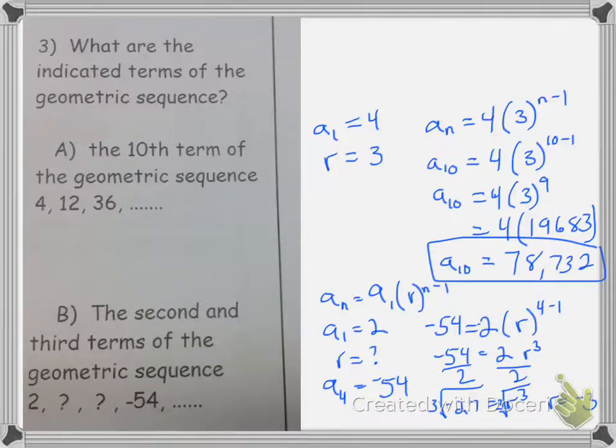Well, I'm going to go to the next page. I started with 2, multiplied with negative 3, and that's equal to negative 6. When I take negative 6, multiply it with negative 3, that's equal to positive 18. Positive 18 times negative 3 is equal to negative 54.